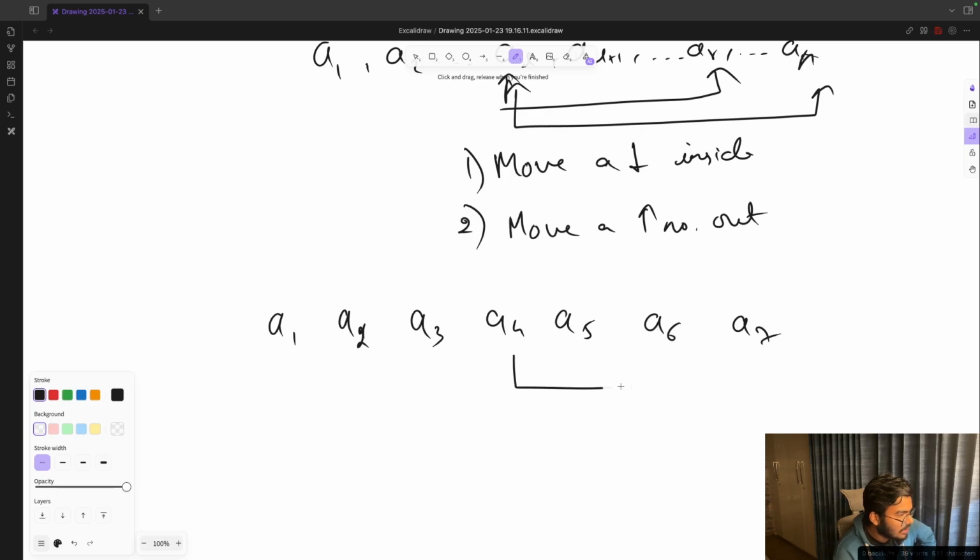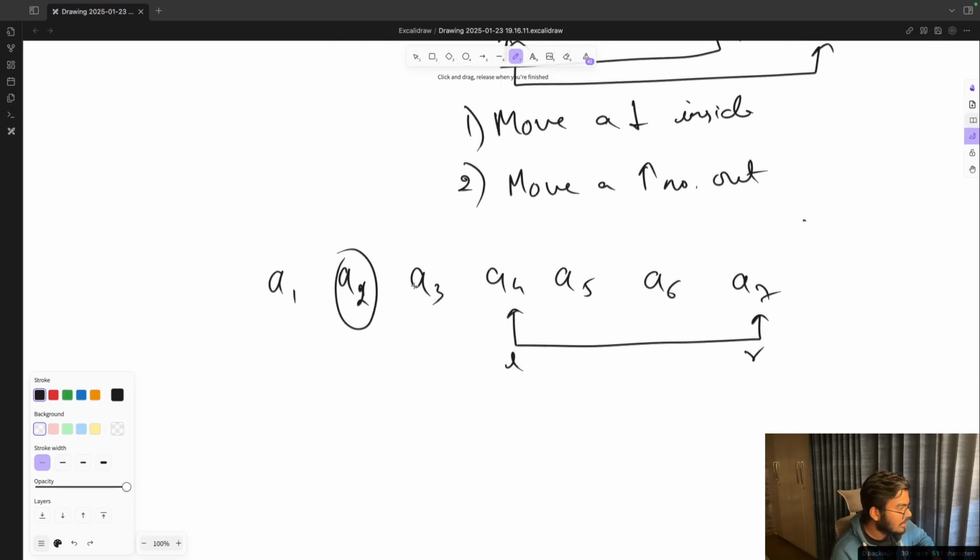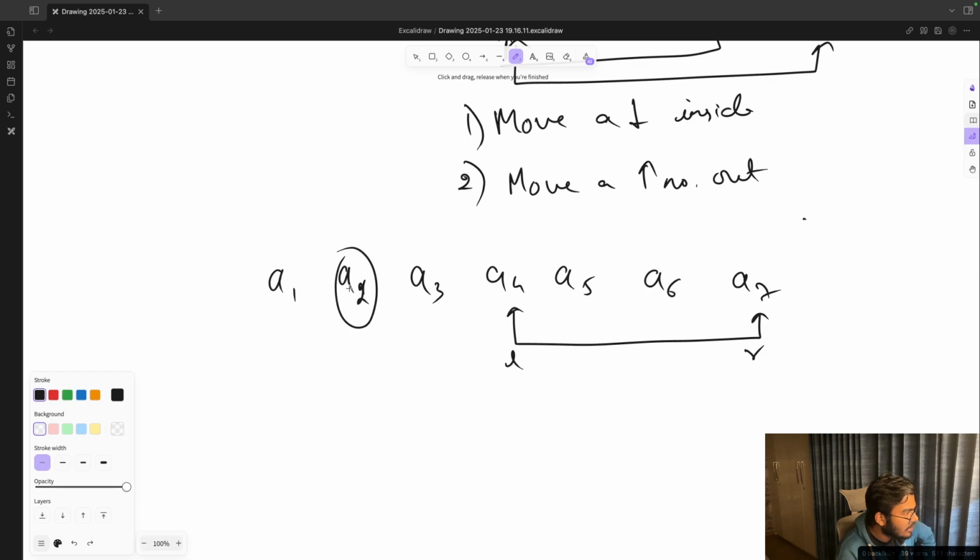So let's say these are the numbers. This is my L, this is my R, and let's say these are the minimum K numbers, so these are the minimum 4 numbers, right? Let's say A2 is the smallest, then comes A4, then comes A3, and then comes A6, okay?